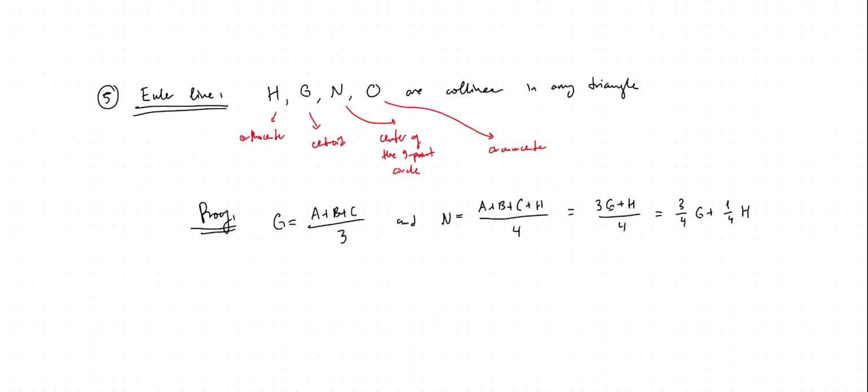So this immediately shows that N is in fact situated between H and G with a precise ratio. N is here with the ratio 3x here and x here, because the coefficient of G is 3 times more, so the distance to G is 3 times closer.